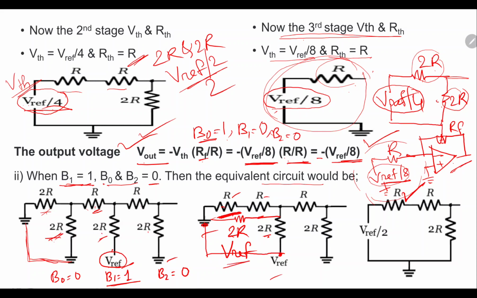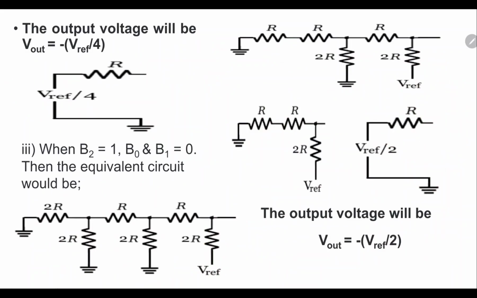So definitely this V reference is going to divide among this resistance and this resistance. So it will basically get half, that's why V reference by 2. And this resistance is what? This 2R in parallel, so the equivalent R is here. And this R and 2R is of the third stage. Okay, so let's see the final one.